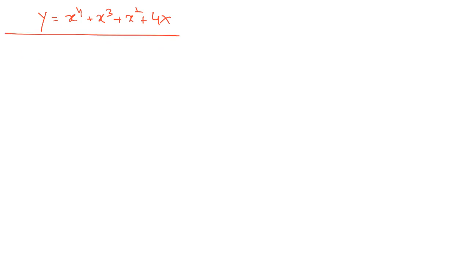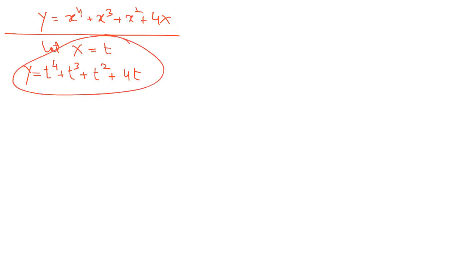What do I have to choose? Let x is equal to t, then y changes automatically in terms of t. That becomes t power 4 plus t power 3 plus t power 2 plus 4t. So these two equations are parametric equations. Got it? Understand?